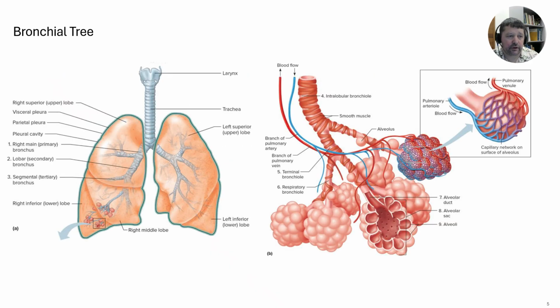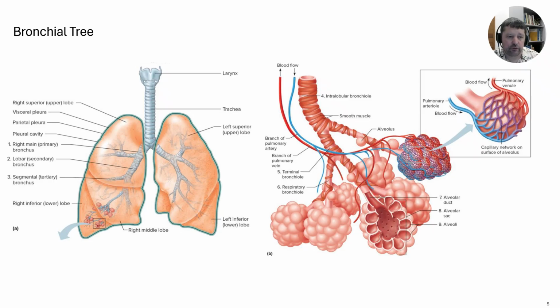So let's look at this. So again, trachea into primaries, into secondaries, into tertiaries, and then each lobule or each region of the lung, whether that be the lower, middle, upper, it's going to have multiple lobules or multiple sections, and what you would see is something like this.